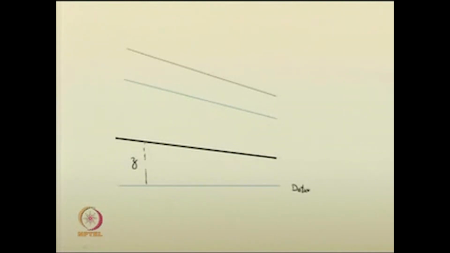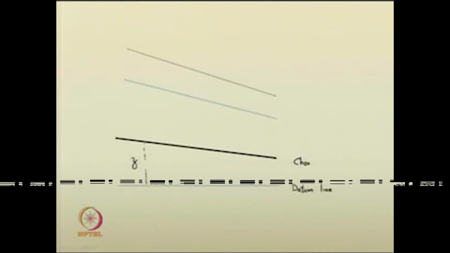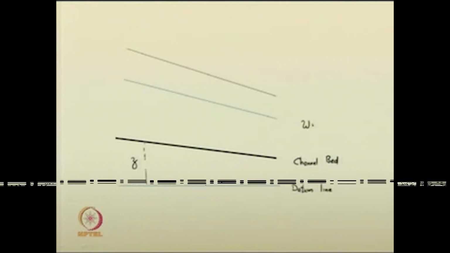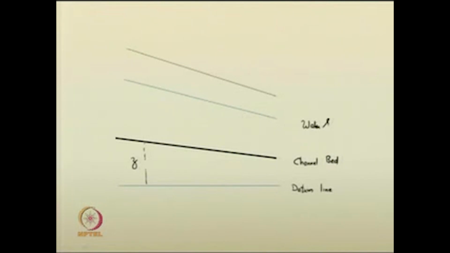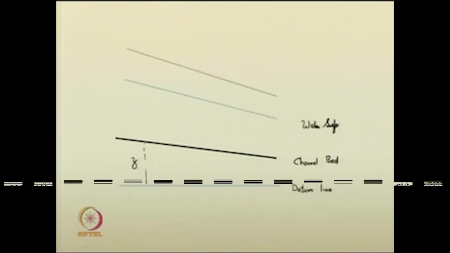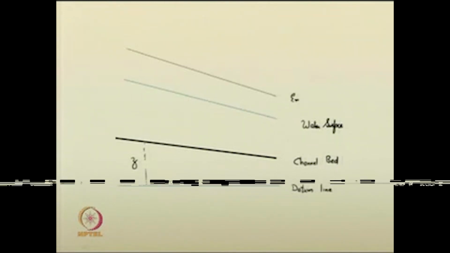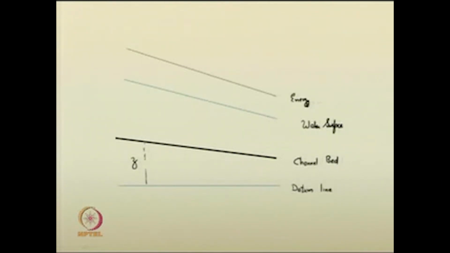First, let the bottom line be the datum line, and this thick line the channel bed line, and the next line is the water surface line, and the one above is the energy slope line.